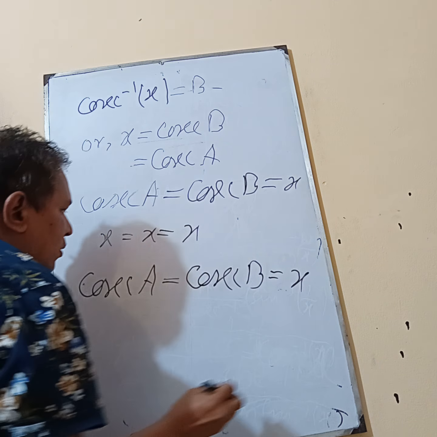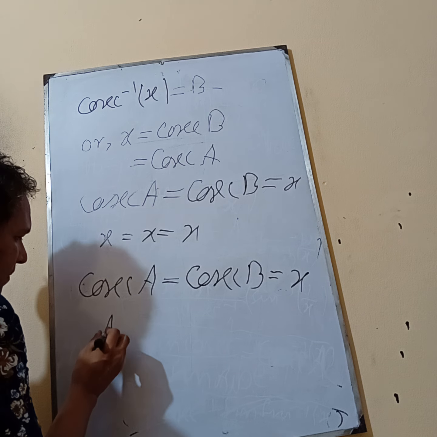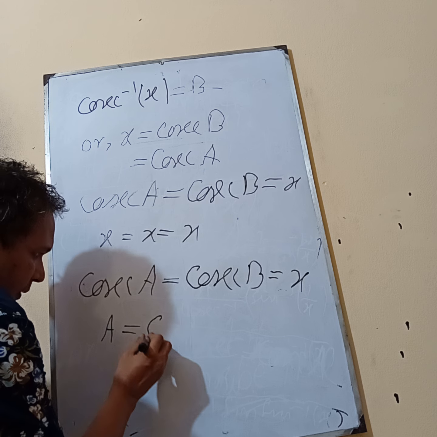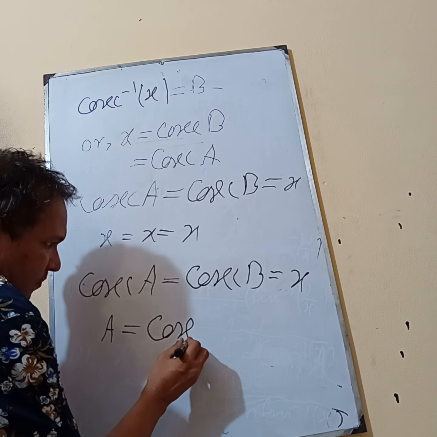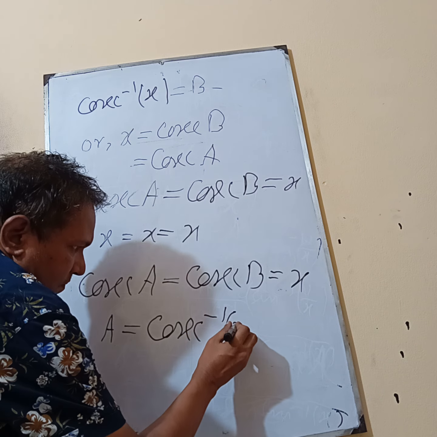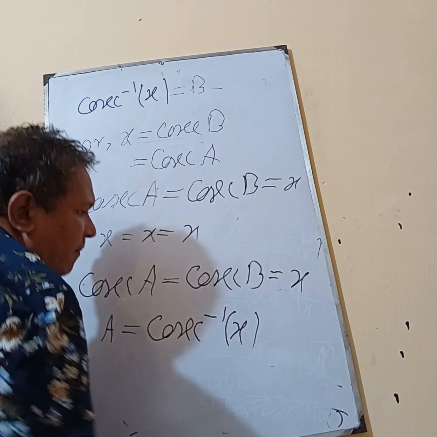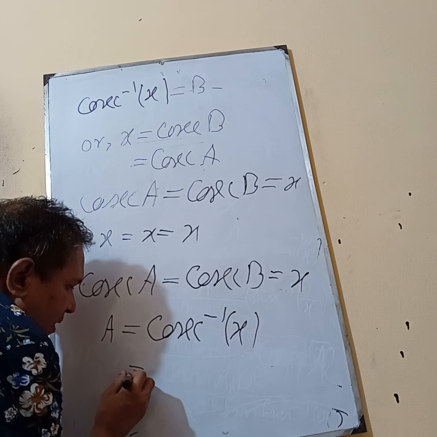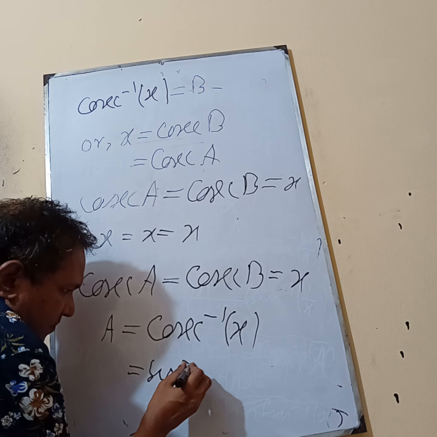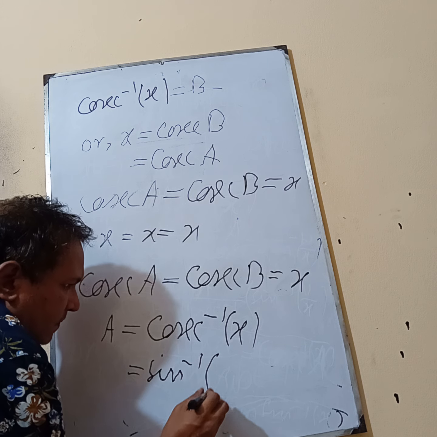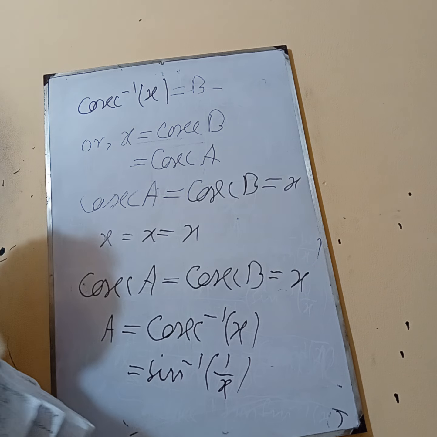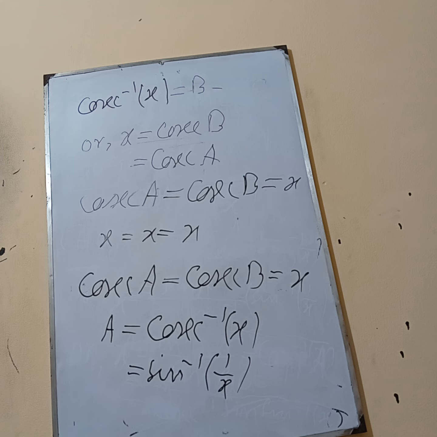So a is equal to b, that is, cosec inverse x is equal to sin inverse 1 by x. Okay. Good. Please learn this.